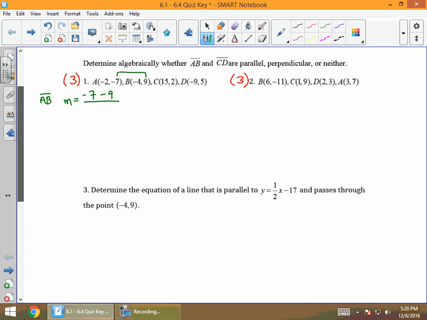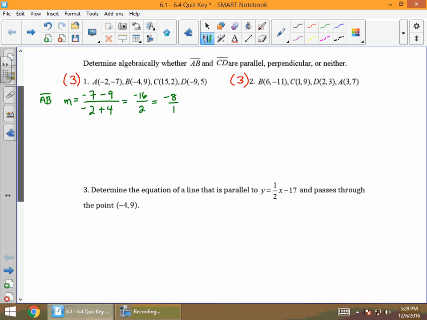The x's are the first letters in both of those, so I have negative 2 minus negative 4. Minus a negative is the same as adding. So negative 7 minus 9 is negative 16. Negative 2 plus 4 is 2. Negative 16 divided by 2 is negative 8 over 1.